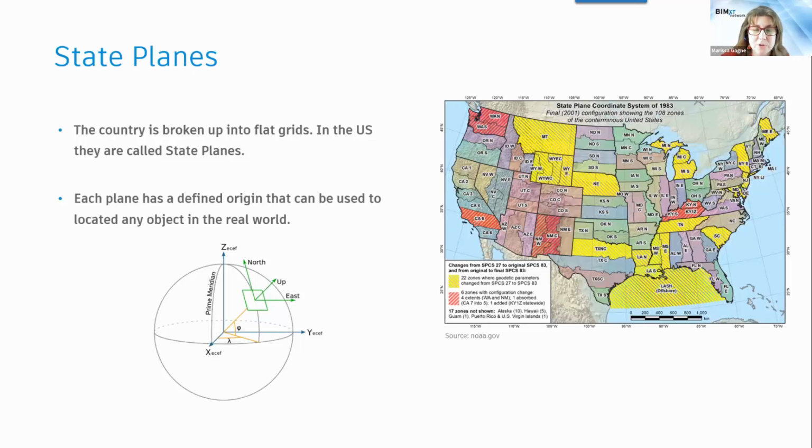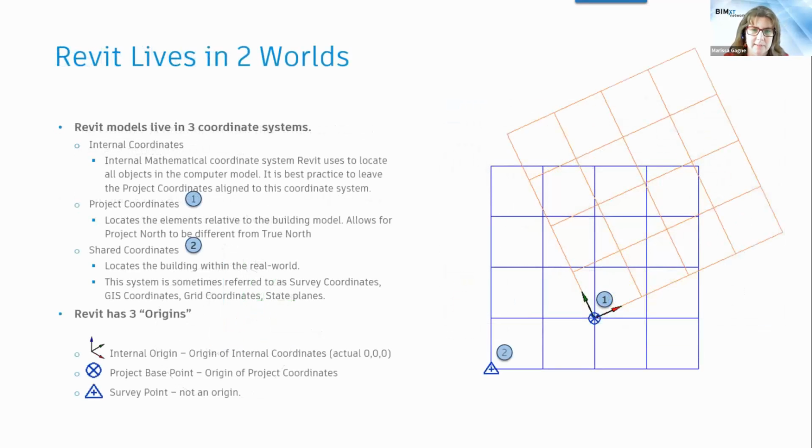So if you have this circular earth, it's difficult for us to take a giant piece of paper and try to wrap it around the earth. It doesn't work. It crinkles. So it's been broken down into these smaller areas, and each smaller area has its own origin. It's got its own coordinate system, and that's how we keep coordinates as accurate as we can. So next slide there. Yeah.